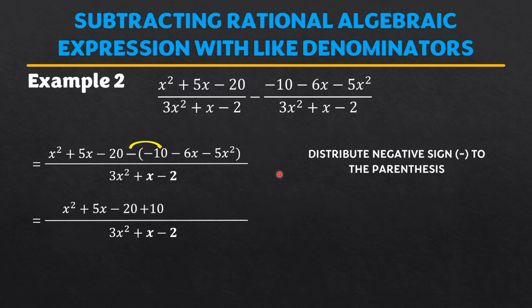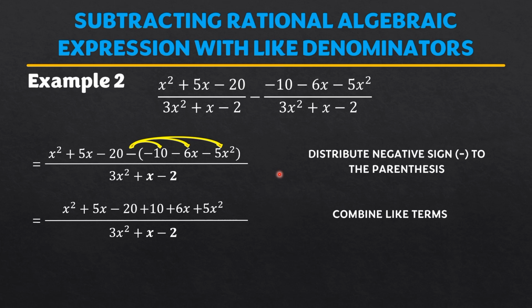The next one is negative times negative 6x, which is equal to positive 6x. And then the last one, negative times negative 5x squared is equal to positive 5x squared. Okay, after that, we will combine like terms. So what are the like terms here?